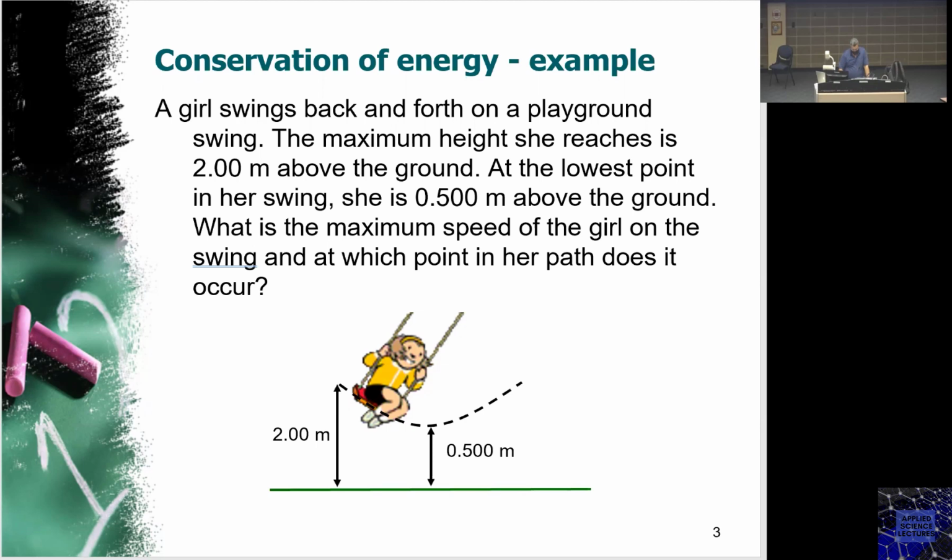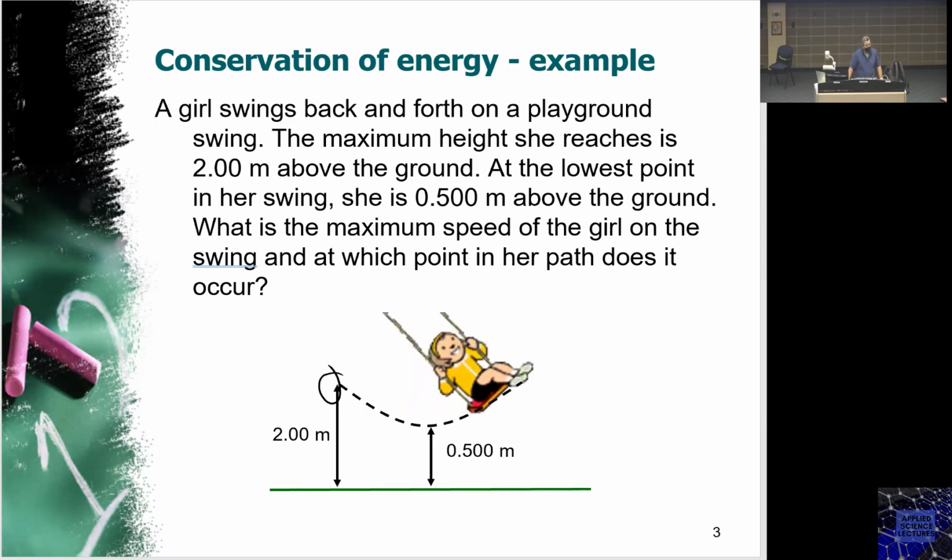Since the girl is stopping at the highest point, her kinetic energy right at that point is 0. In other words, I only have gravitational potential energy at the highest point, no kinetic energy, while at the lowest point, 0.5 meter, I have gravitational potential energy and kinetic energy.